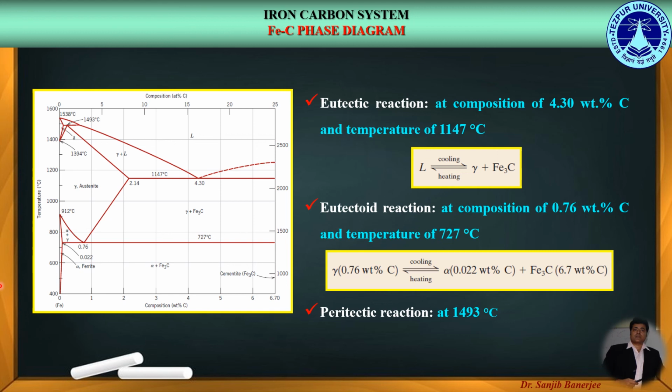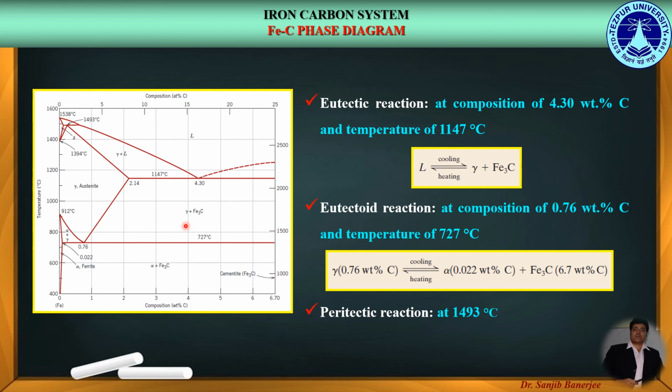As mentioned in the previous section, the iron-carbon phase diagram illustrates three types of phase reactions. The first one is a eutectic reaction at composition of 4.3 weight% of carbon and eutectic temperature of 1147 degree centigrade, where the liquid phase on cooling get transformed into two solid phases of austenite plus cementite.